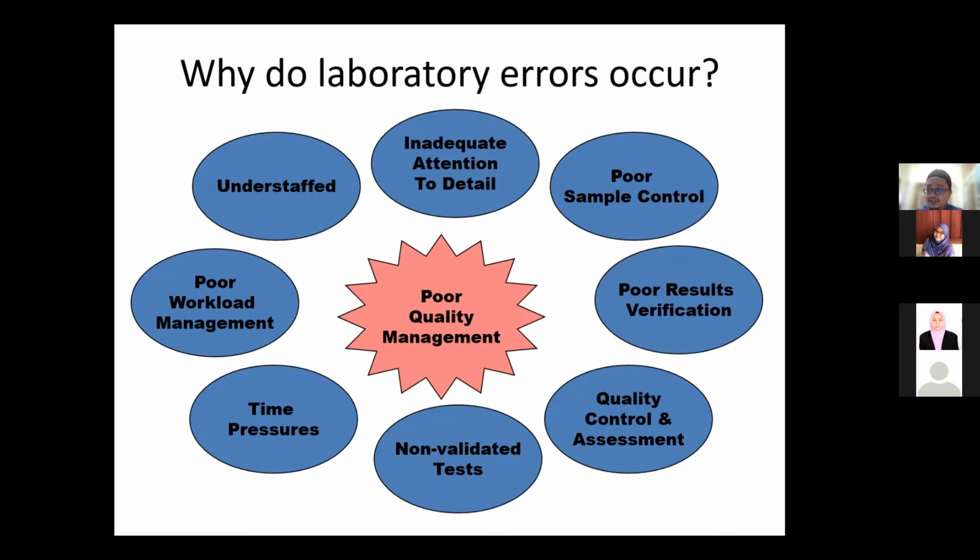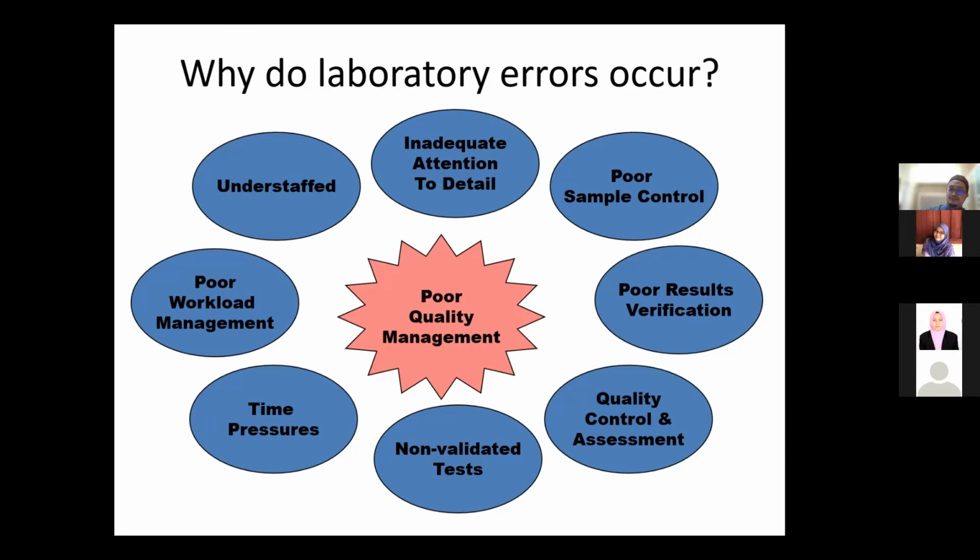Quality control and assessment. When we use machines, as the machine processes hundreds and thousands of samples, the machine error is increased. How do we then test? So there are QC and QA being implemented in the lab.